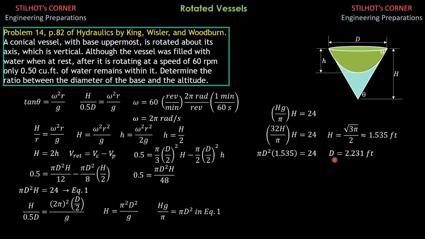Finally, we can now obtain the ratio between the diameter and the altitude of the cone. So 2.231 divided by 1.535 is approximately 1.453. So this is my final answer to this problem based on my analysis, and the reported answer by the authors to this problem is 1.43.